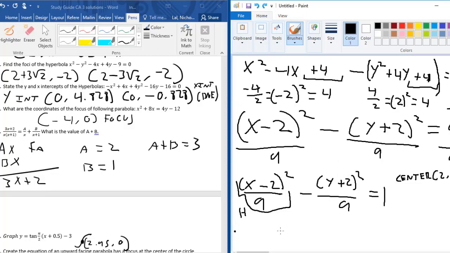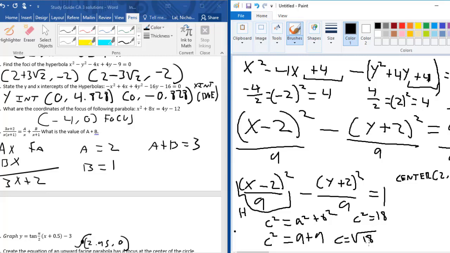Now we need to find the focal length. Okay? We need to find c. A Pythagorean relation for a hyperbola is that a squared plus b squared equals c squared. So c squared is equal to a squared plus b squared. Now, a squared matches up with 9, and b squared also matches up with 9. So c squared is equal to 9 plus 9, which means c squared is equal to 18, which means c is equal to the square root of 18.